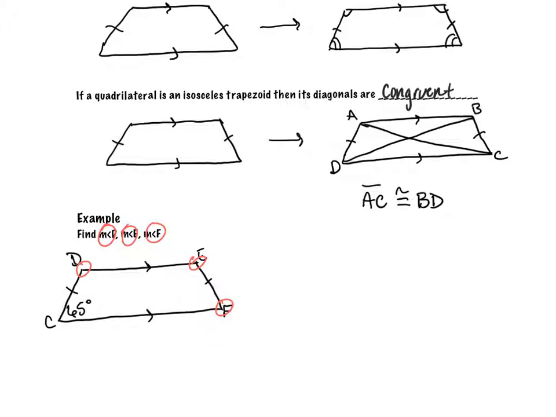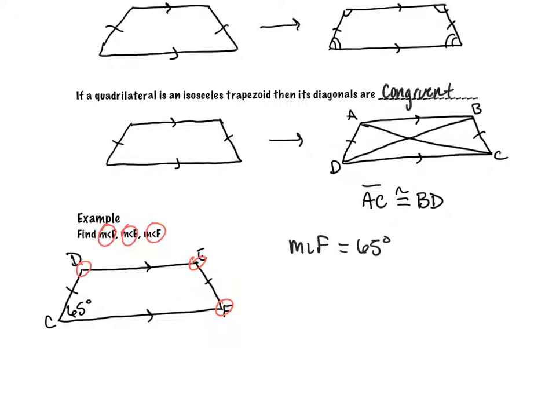C and F are one pair of base angles, so the measure of angle F has to be congruent to the measure of angle C, so F has to be 65.